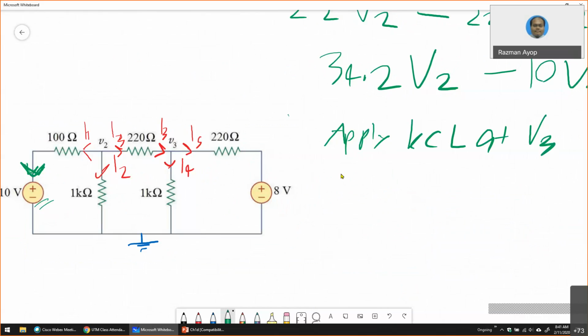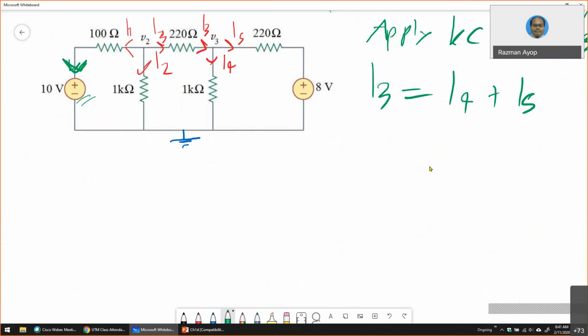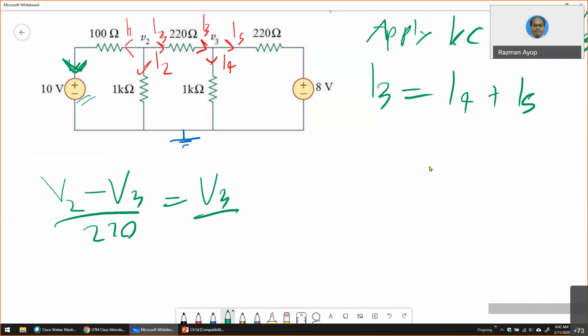So I3 goes into and I4 and I5 goes out. So I3 equals to I4 plus I5. So I3, okay, as usual, V2 minus V3 divided by 220 equals to I4, which is V3 divided by 1000.